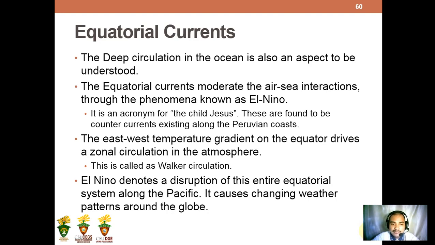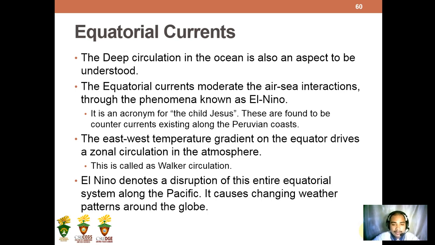El Nino is from the Spanish phrase for the child Jesus. These are found to be countercurrents existing along the Peruvian coast. And the east-west temperature gradient on the equator drives the zonal circulation in the atmosphere, and this circulation is what we call Walker circulation.